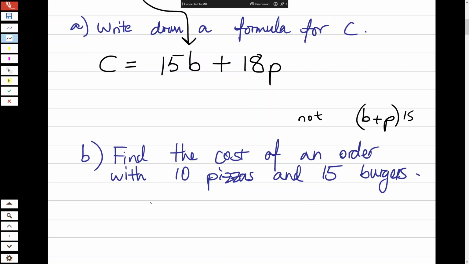Okay, let's make a connection to the letters. Remember, in our very first lesson, we talked about substituting a number in for a letter or for a variable. So if I were to give a specific number to the letters B and P, what should I give?